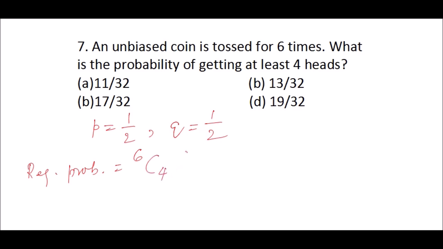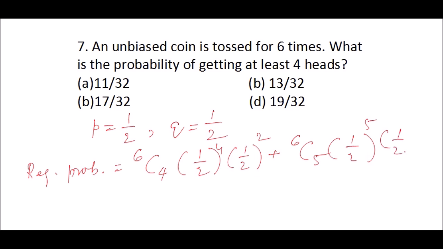This is the probability of getting a head 4 times. Now, next, or getting a head 5 times. This is the probability of getting a head 5 times. Or getting a head 6 times. And that is the 6 times.